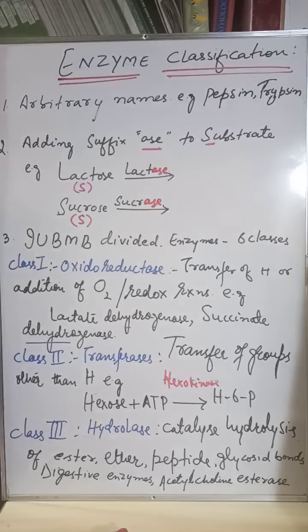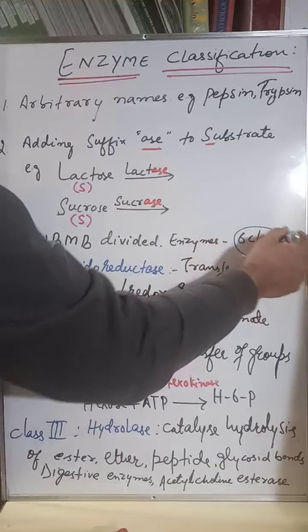Now, as far as classification of enzymes is concerned, according to the International Union of Biochemistry and Molecular Biology, there are six major classes of enzymes. Class number one is oxidoreductases.